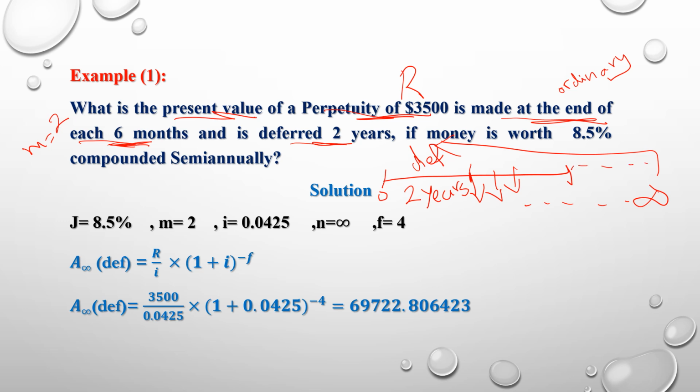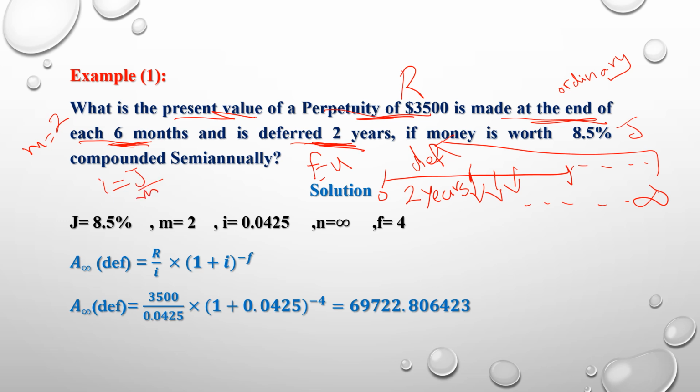These perpetuities are deferred for 2 years, and as it's converted semi-annually, F equals 2 times 2, so F equals 4. If money is worth 8.5%, this is J, and compounded semi-annually, so I equals J over M.